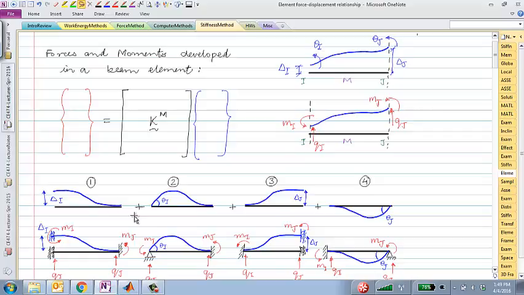Do you agree that if you give me any configuration of a beam element, I can always generate that particular configuration with some combination of these four, right?